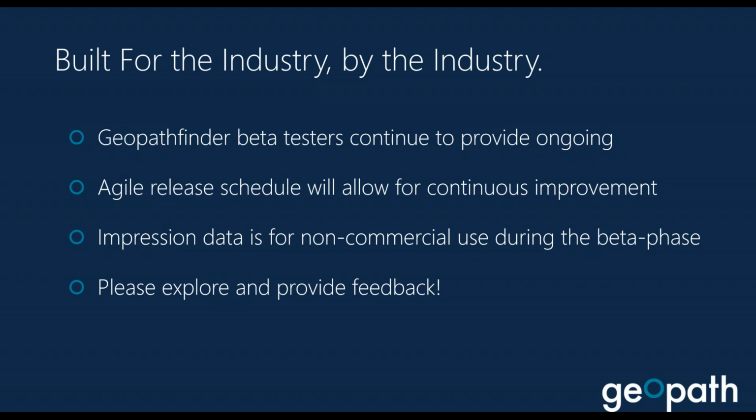As you're exploring the tool, we are still in the development phase, obviously. So as you're noticing things on the tool, coming up with new ideas, or wondering if certain features or functionality are coming, please continue to give us feedback. It's super helpful for us, and it does impact what we develop and how we develop it. That's why I have that header there: built for the industry, by the industry.